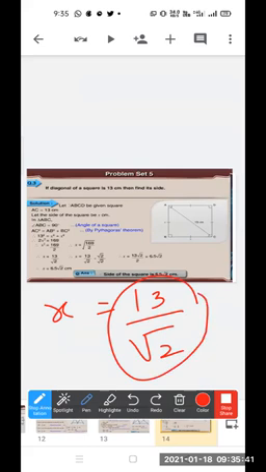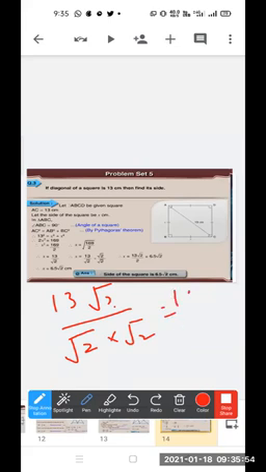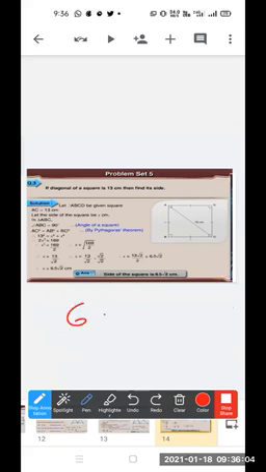We multiply numerator and denominator with root 2. We get 13 root 2 upon root 2 into root 2, that is 2. So 13 upon 2 is 6.5, and we can write it as 6.5 root 2. So 6.5 root 2 is the side of the square.